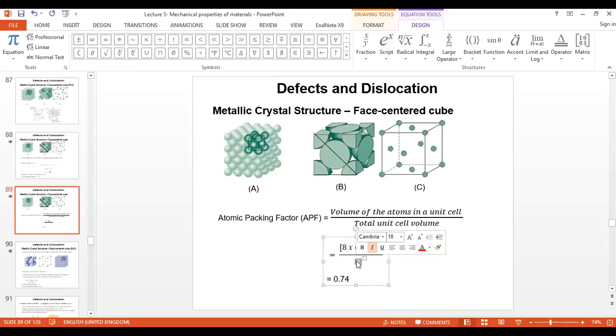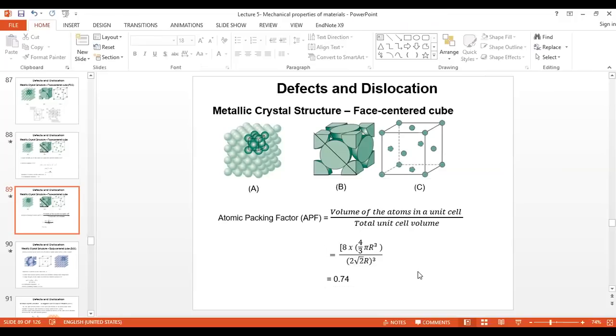So this one, 2 root 2 R to the power 3 because it's the volume of a cube, right? So one side is 2 root 2 R, that is A, that means this length A, and we have to get the cube, right? So once you multiply this, you will get the value as 0.74. This is how we calculate that, right? So I hope now this is clear for you.